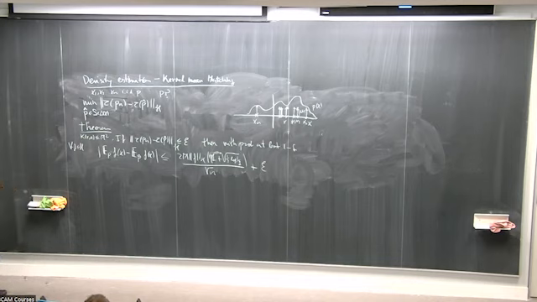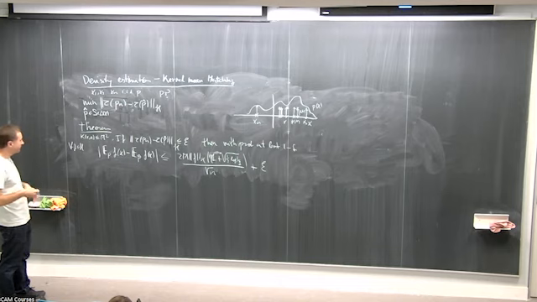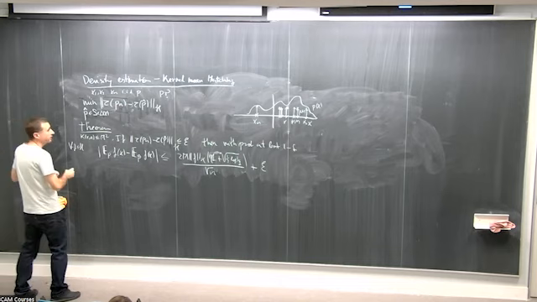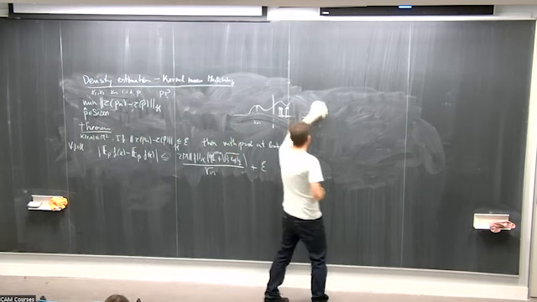Okay, good. So the proof of this, I guess I'm going to do it because we have some time, but it's basically the same type of arguments that we have done multiple times.